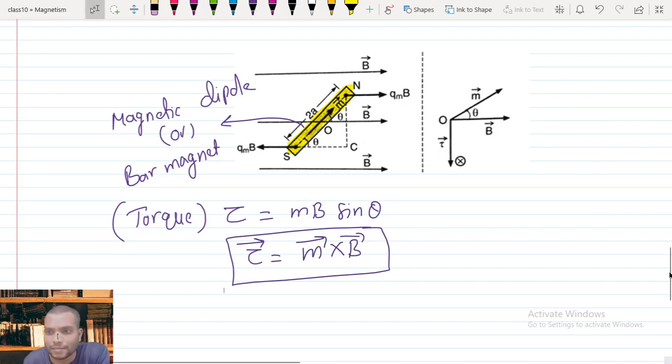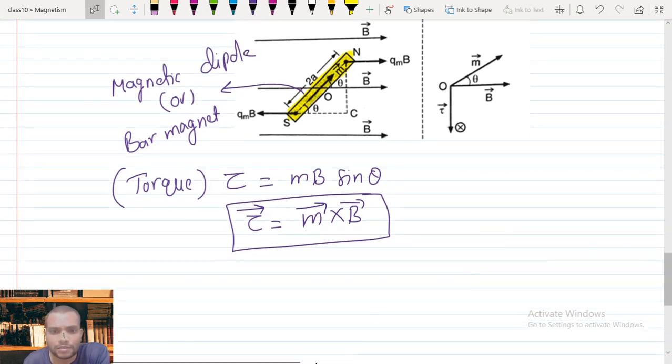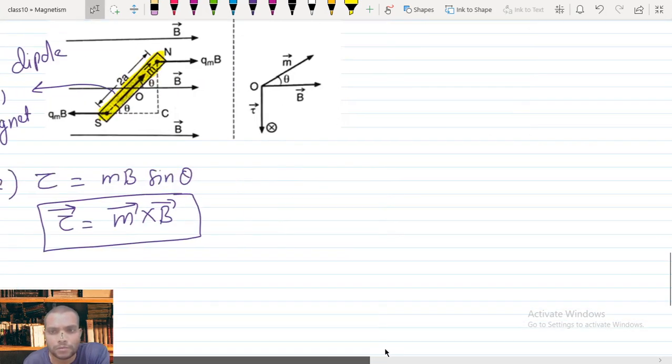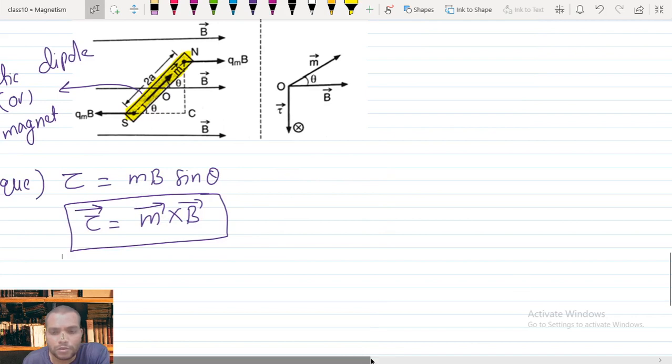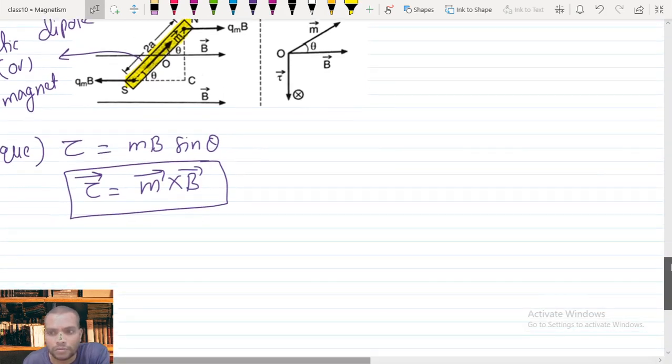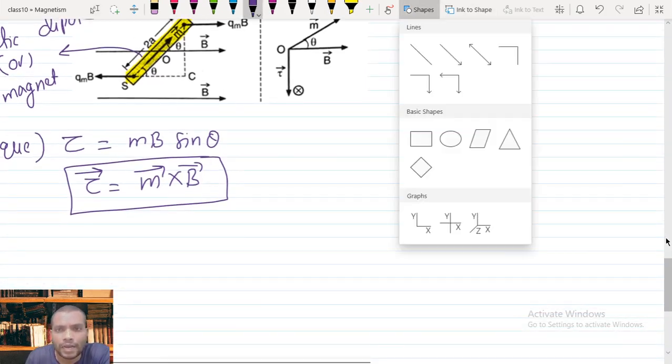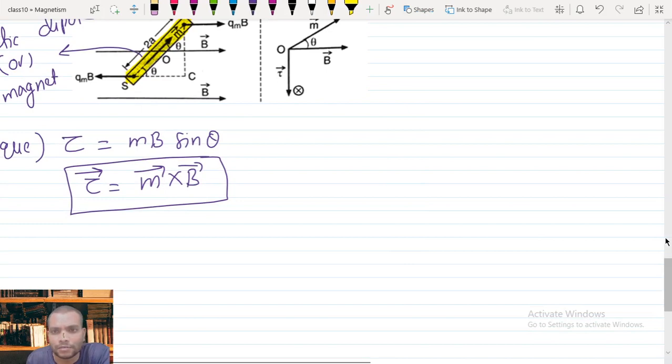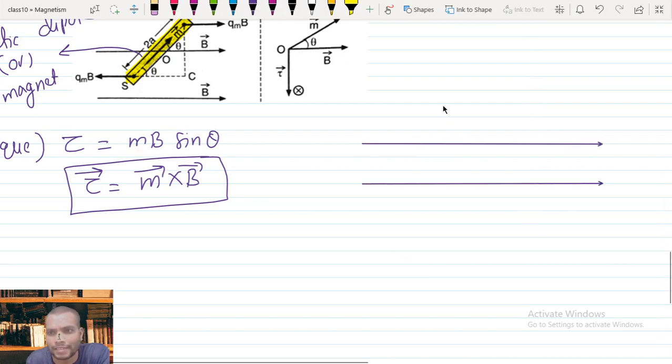Now in today's class I would like to discuss a new concept. Suppose we have a magnetic field, and let this be the direction of the magnetic field, moving along the positive x-axis direction.